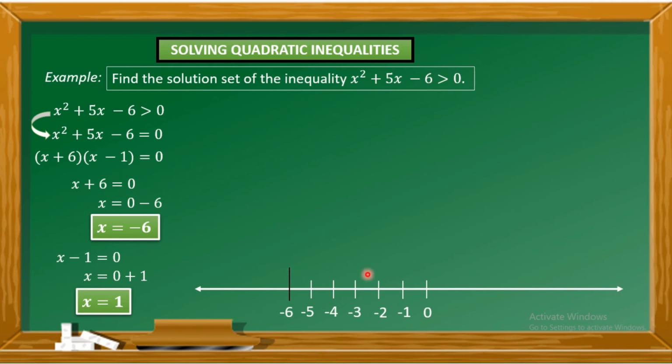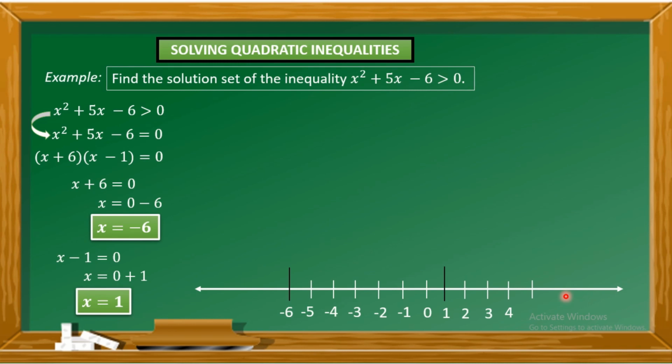And then another boundary is positive 1. So there are two boundaries. Going to the right, positive 2, positive 3, positive 4, 5, 6, 7, 8, 9, 10, and so on and so forth.